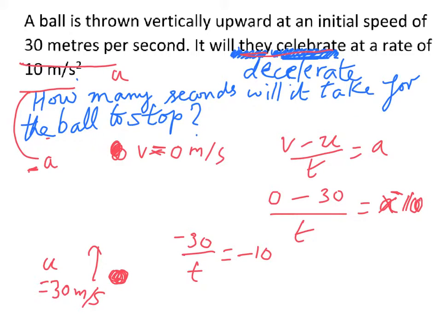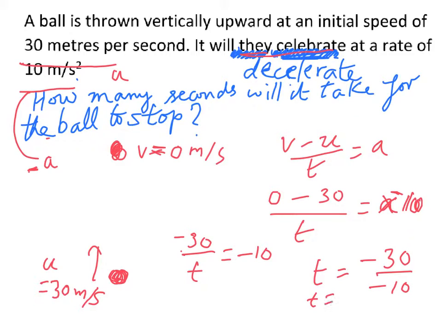Now, I've just rewritten that equation in a simplified form. So t can be transferred over here, and minus 10 comes over here, and that gives you t equals minus 30, divided by minus 10.